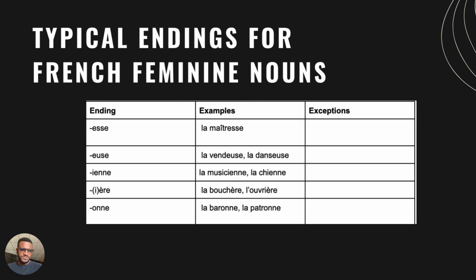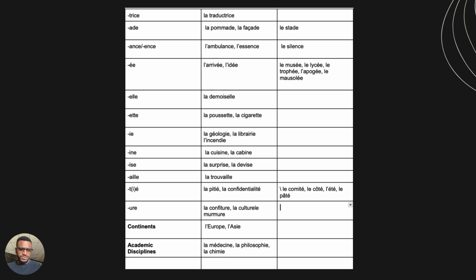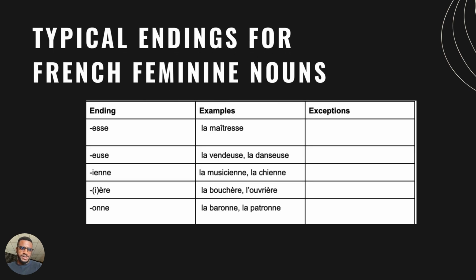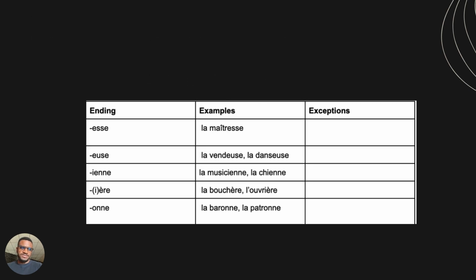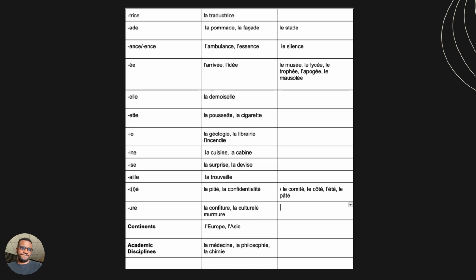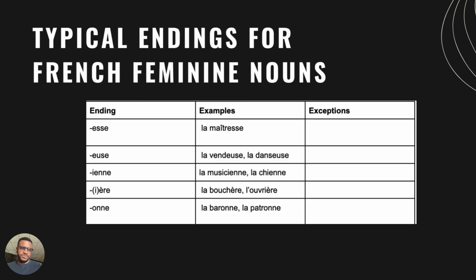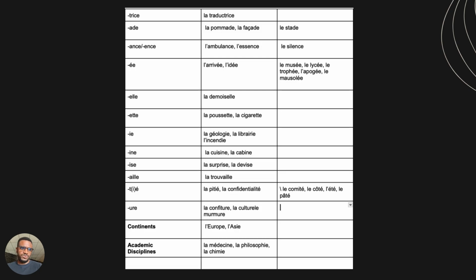So you look at these ones, right? Then I'll go to the next one, this one. When you look at the endings now of the feminine nouns, what you notice is that most of them end in an E. Let me show you. We have S, US, EN, ER, ON, and then you go on.